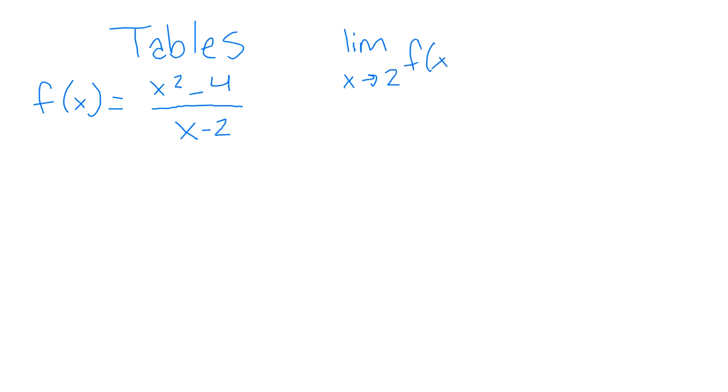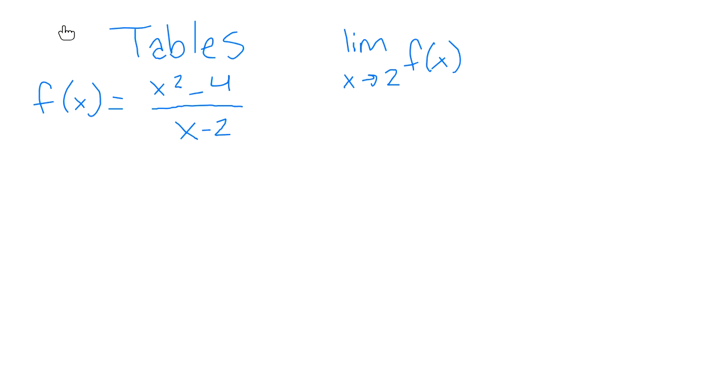Well, as we can see right here, if we plugged 2 straight in, we get 2 minus 2 in the denominator, and that would give us a 0 in the denominator, which is a big no. So we have to use limits to see what the behavior of this function is whenever we get close to x equals 2.